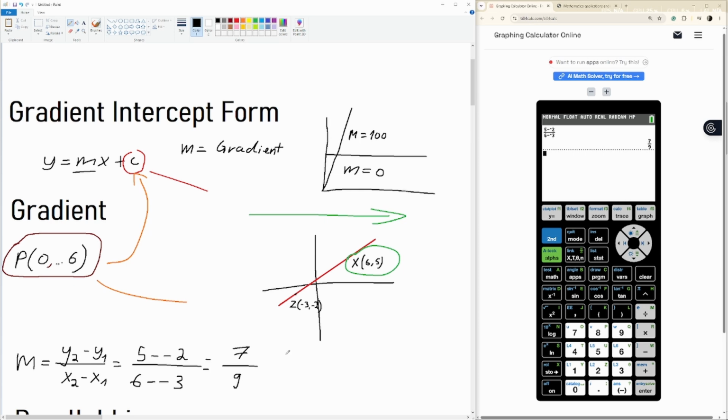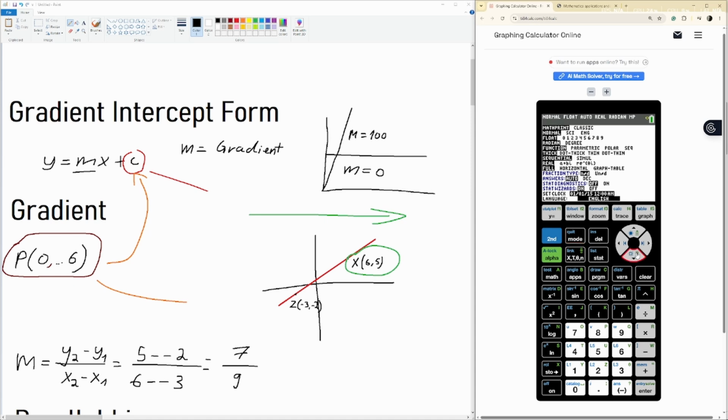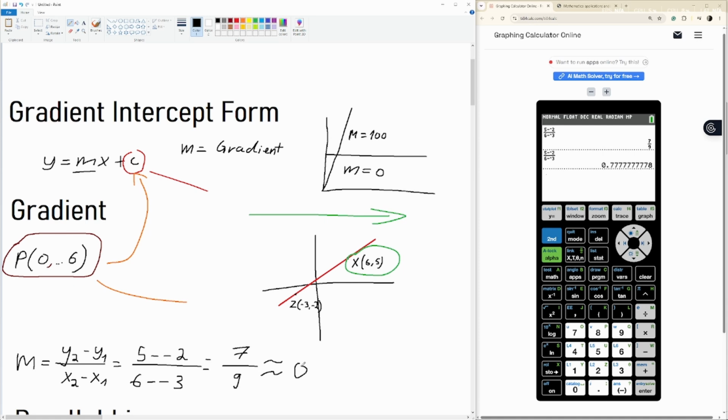If your answer is in a fraction, you can always go to mode and choose decimals for your answers, and then you can do the same thing over again, and you get 0.778, and that's your m. That's one of the simplest ways to get m, as it's usually given 2 points. There's no problem.